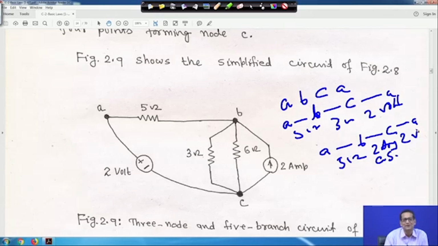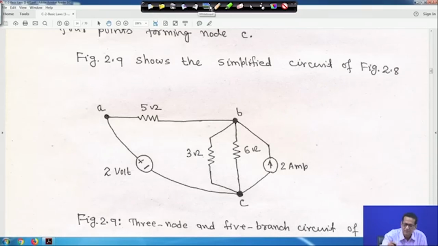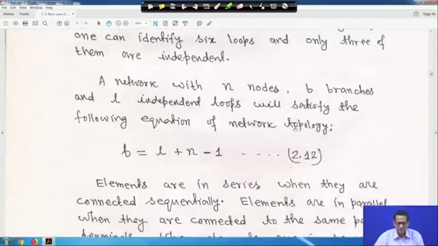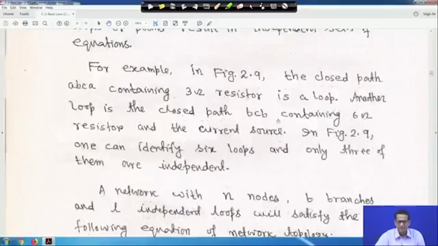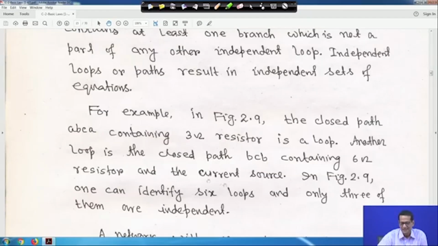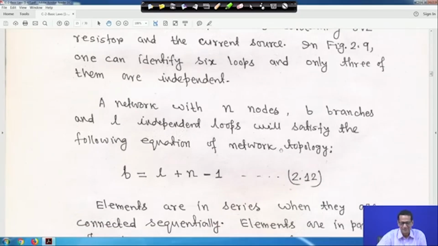It is an exercise for you to find it out. Let me clean it. Here everything is written, the two independent loops I have mentioned, but the third one you have to find out. Very simple, slowly you will know.